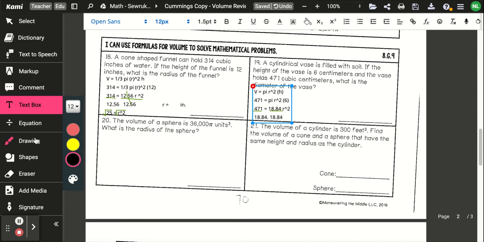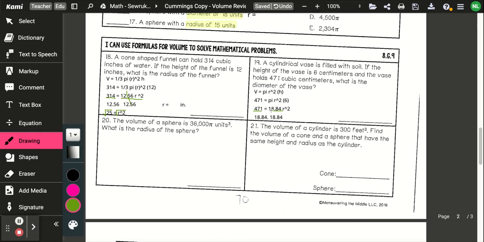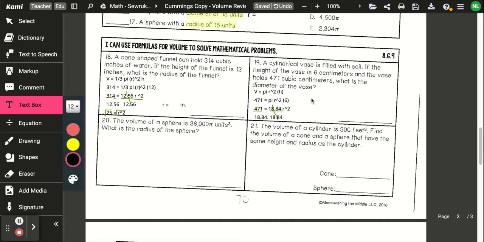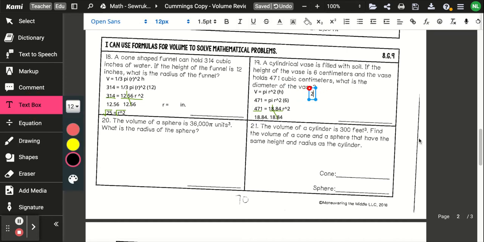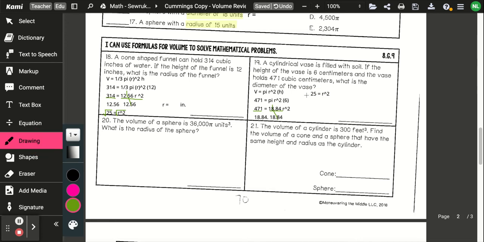These will cancel. 471 divided by 18.84, you're going to get 25 equals r squared. You then need to do the square root, just like you did in the last one.